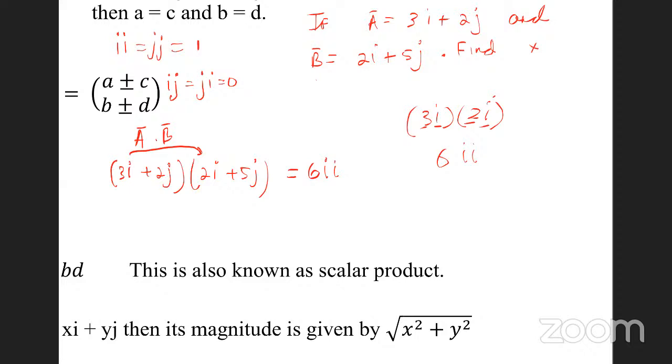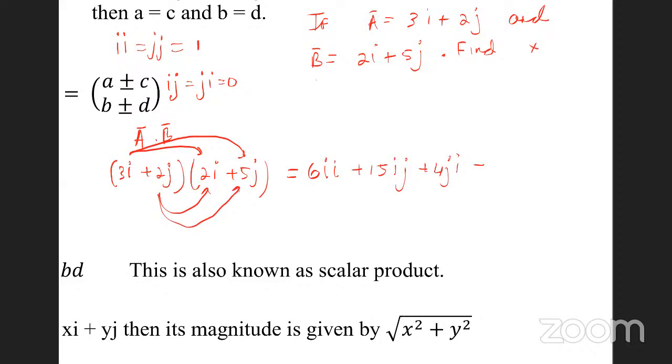Okay? And then if I continue that same pattern, it will be 3i by 5j, which is 15ij. Then 2j by 2i, that's 4ji. 2j by 5j is 10jj. Correct?